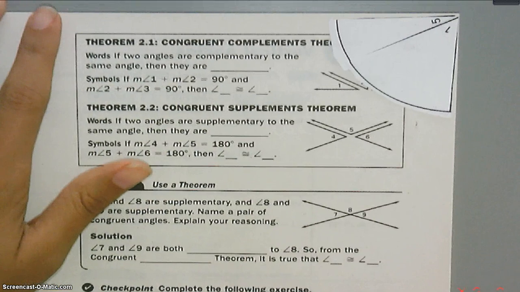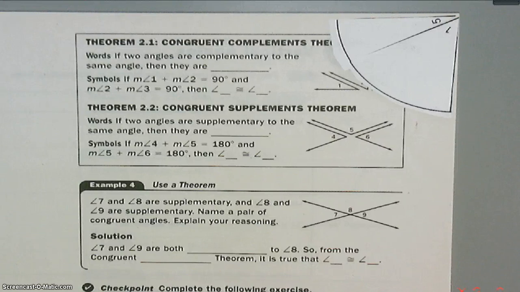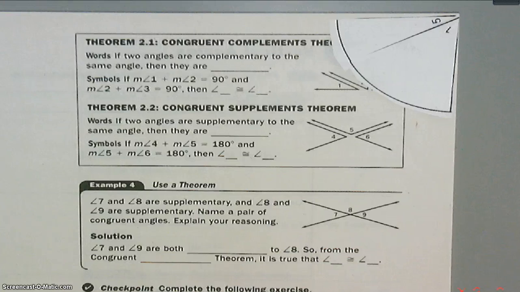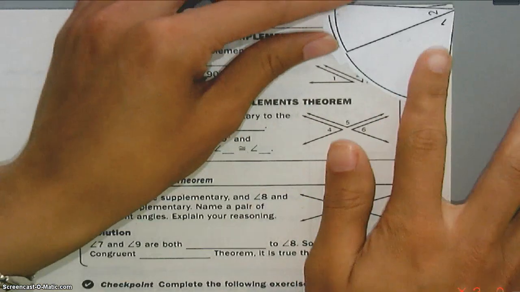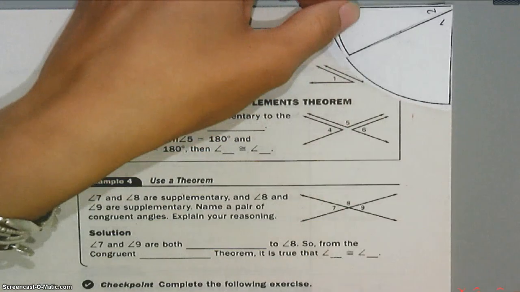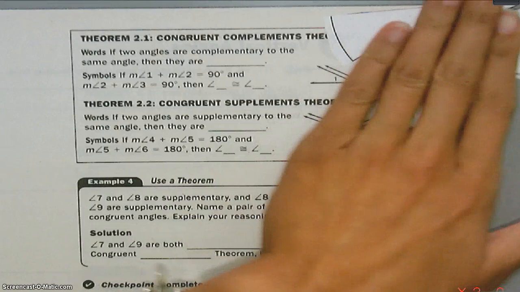Notice that together they're making this corner. And then I asked you to find another angle that made a right angle with 1. So you took away 5 and you put 2 in its spot. 1 and 2 also make a right angle. So then I asked you, well, what do you notice then about 2 and 5? Well, 2 and 5 are exactly the same.